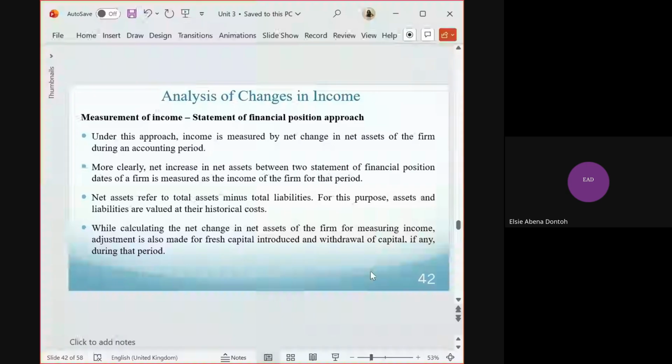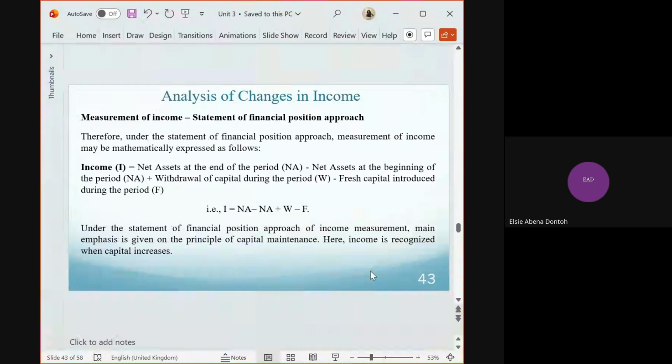Adjustment is also made for fresh capital introduced and withdrawal of capital, if any, during the period.